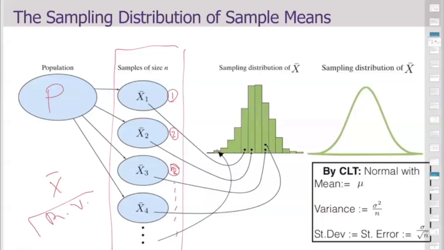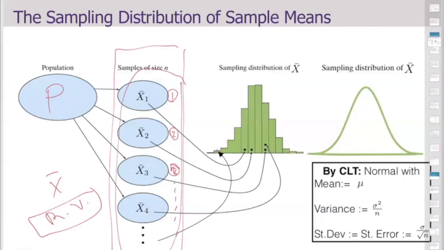Once you have a random variable as a statistic, you have to know its distribution. How to know the distribution? Which graph will help you to find the distribution in this case? The histogram. You have different values for X bar now.